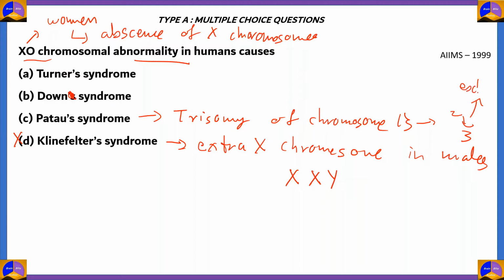And that is an extra instead of reduction. Option C is incorrect. What about option B, Down syndrome? Down syndrome is also a trisomy, this time of chromosome number 21, which again is extra. So option B is also incorrect. Therefore, our right answer is option A, Turner syndrome. Turner syndrome affects females with underdeveloped characters due to the XO chromosomal abnormality.